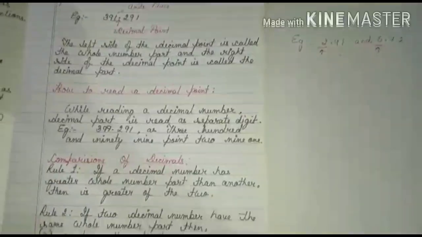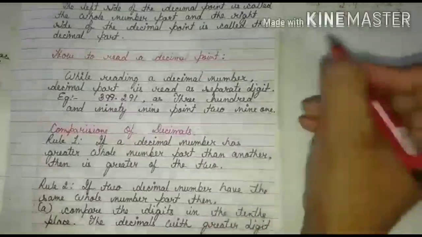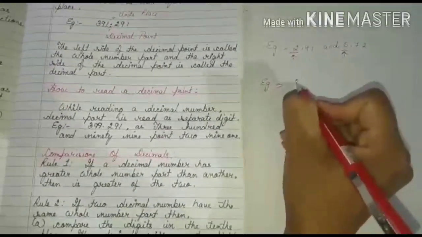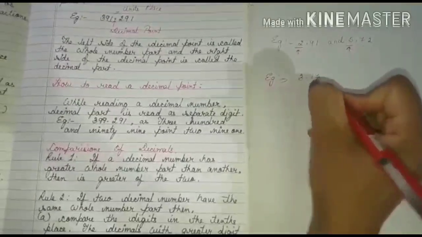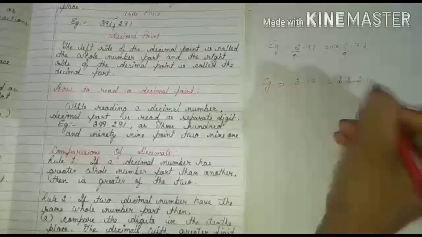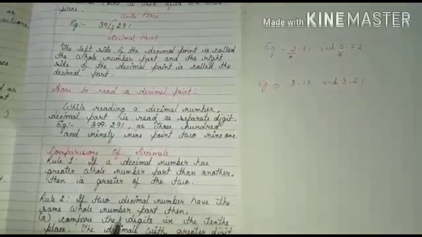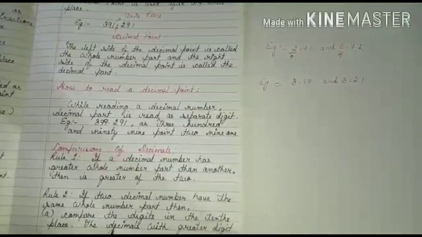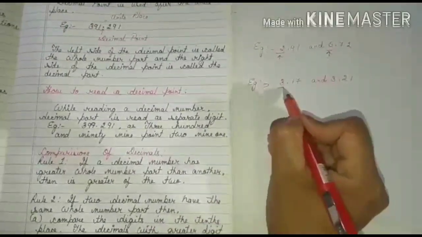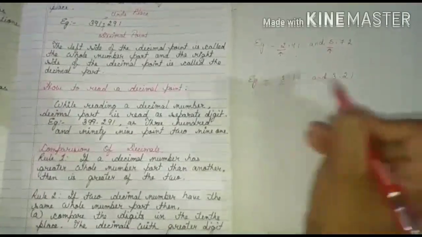Then rule 2. If two decimal numbers have the same whole number part, for example 3.17 and 3.21, then first compare the digits in the tens place. Here in this example, the whole number parts are all the same, that means they have the same number 3.